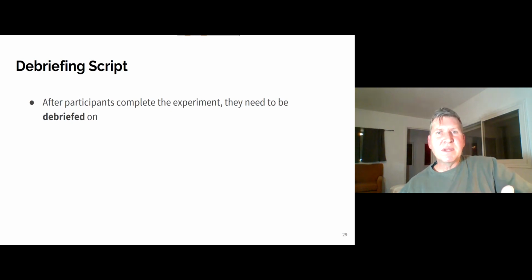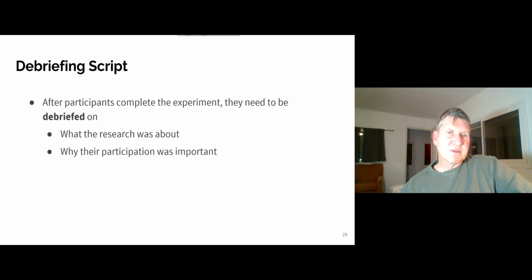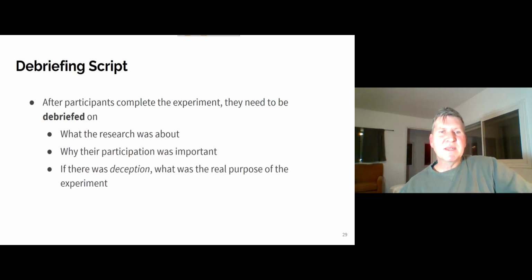After they complete the experiment, they need to be debriefed on what the purpose of the research was, why it was important to have them as participants, and if there's any deception, what was the real purpose of the experiment. When I did a deception study, I had to tell them that this was purely a test to see whether they would go through and follow the directions, even though it might have been morally questionable.